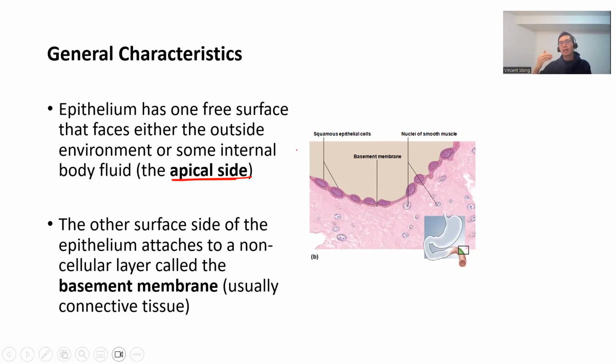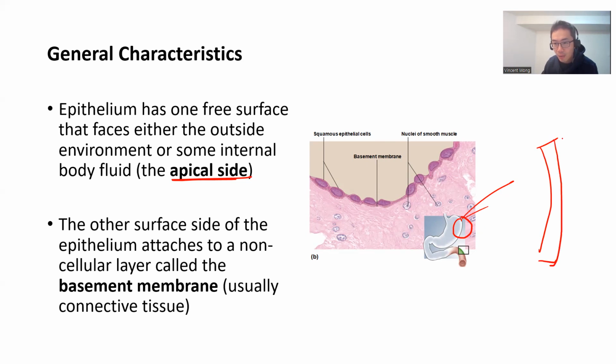That's the side that is exposed to the air, essentially. So in an organ, if you zoom in onto the lining of the stomach, you would have the cells here, and then more cells here on the other side. One side would be facing the inside of the stomach, and the other side will be facing the outside of the stomach. So both of these sides, like the sandwich bread, are the apical side.